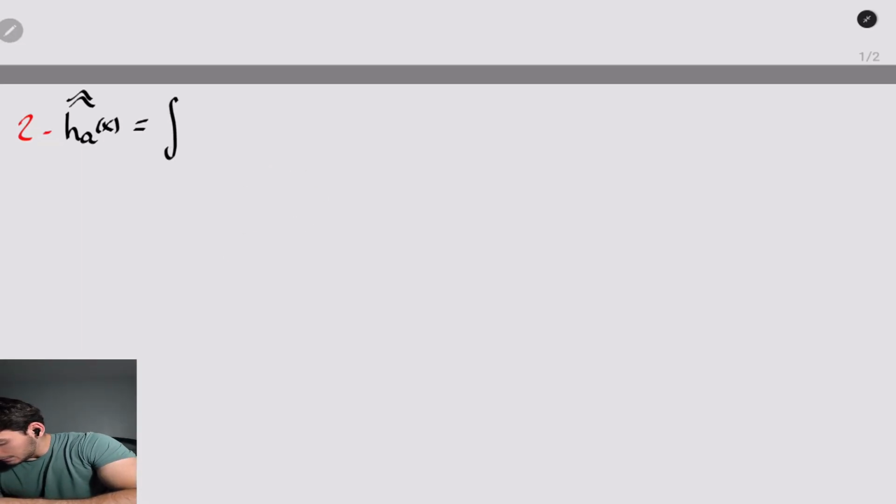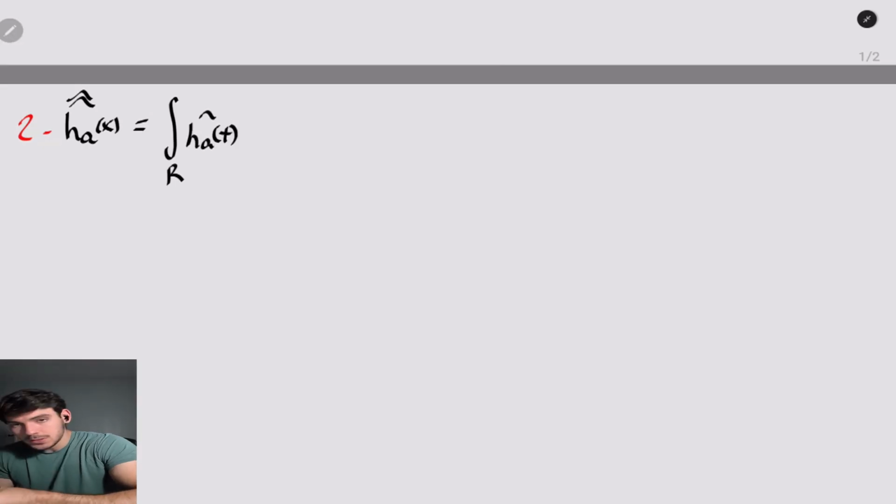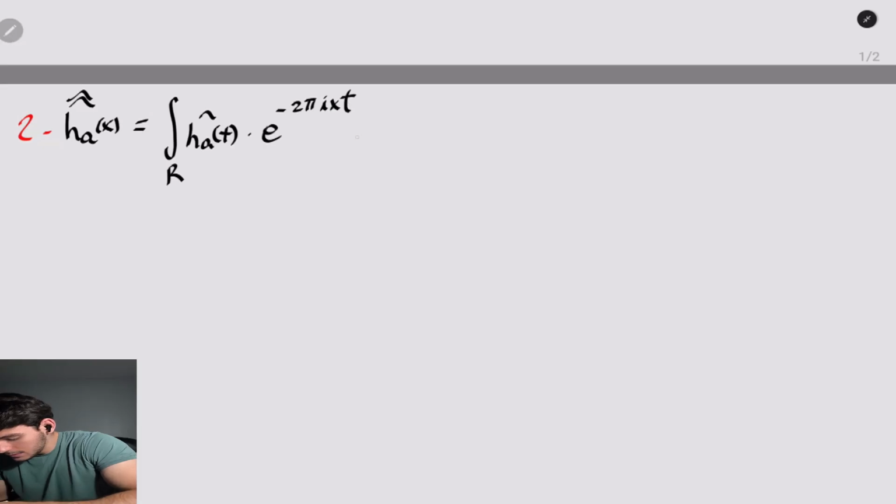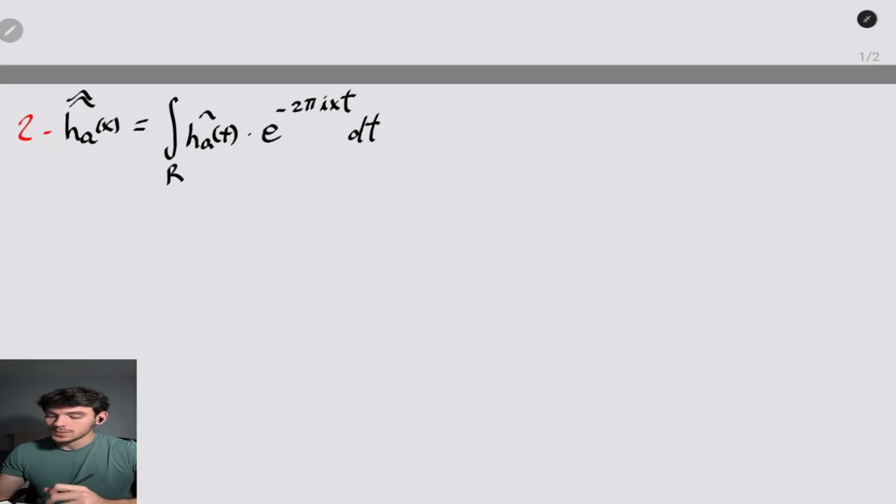We do that by definition, so we're going to use the formula of the integral. So here is the function that we are transforming, times the exponential of minus 2 pi i x t dt. So by definition, that's what we're doing.